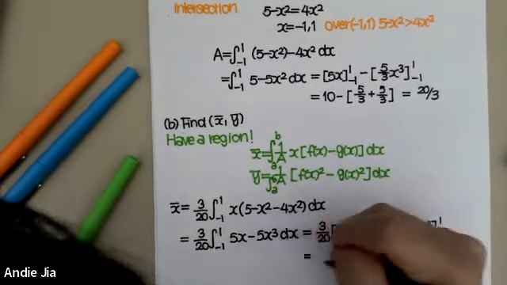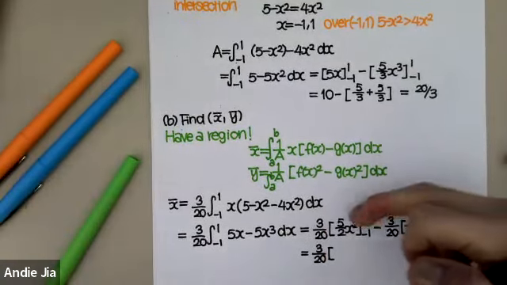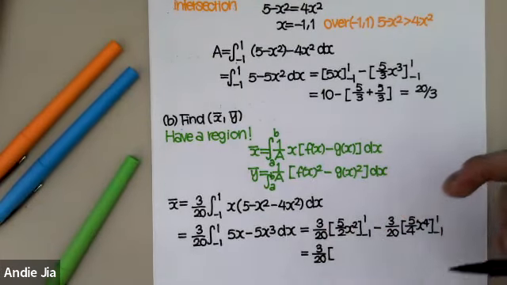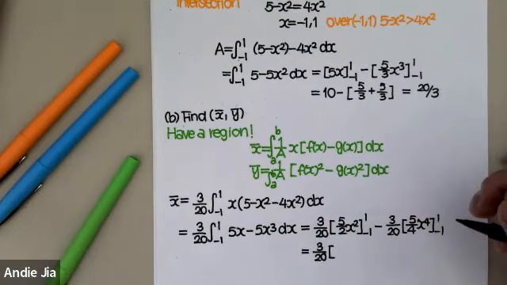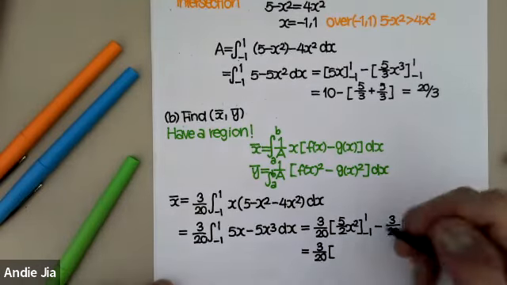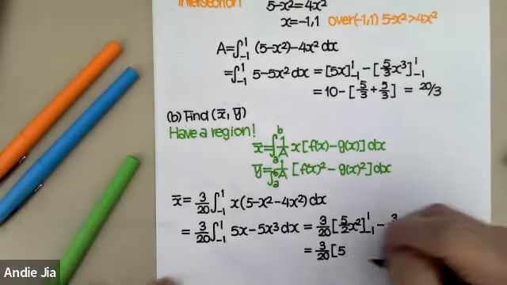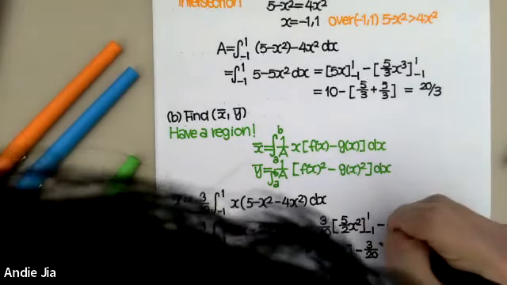And now we need to find this value here. It's going to be 5 over 2 minus 5 over 2. So it's going to be minus squared. It's going to be 5 minus 3 over 20.